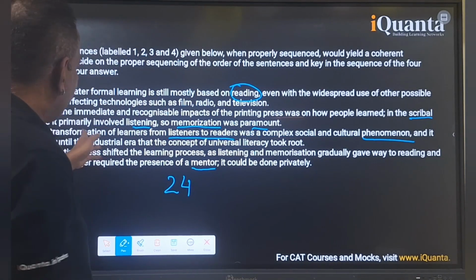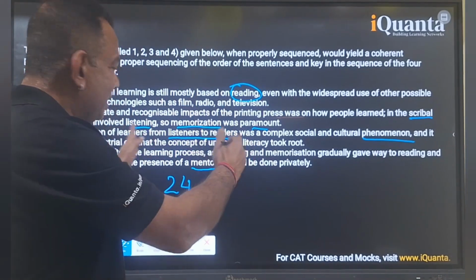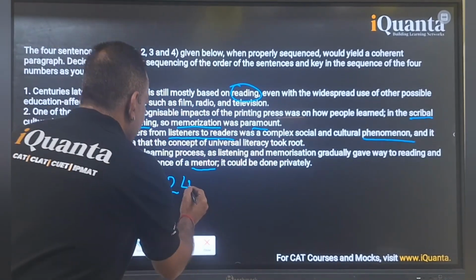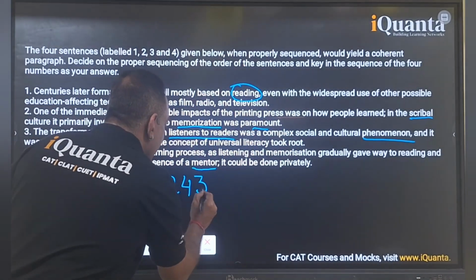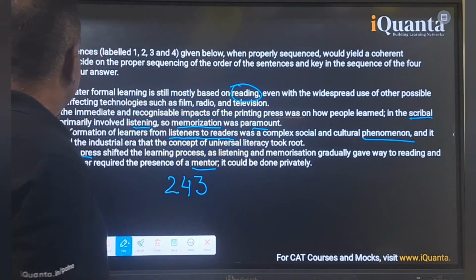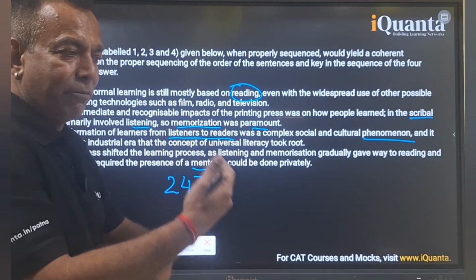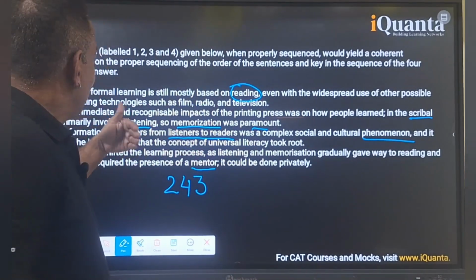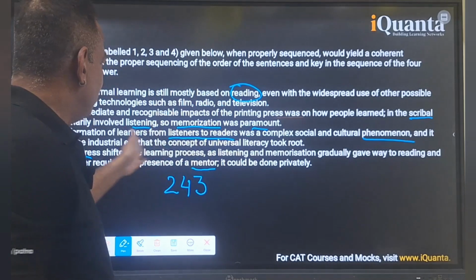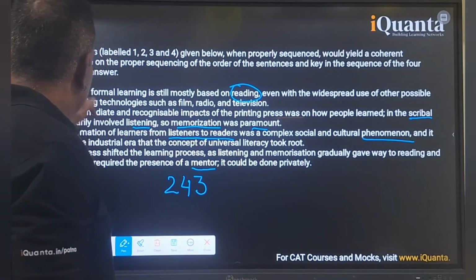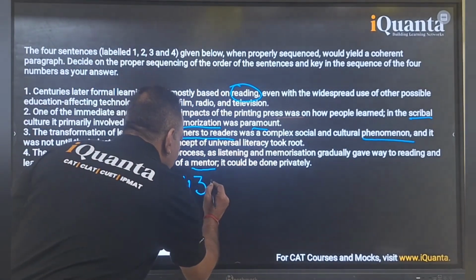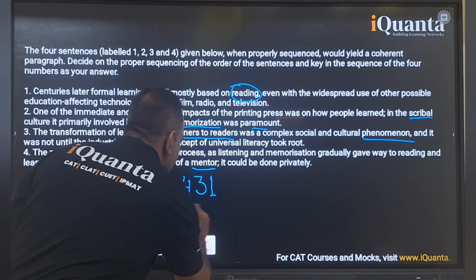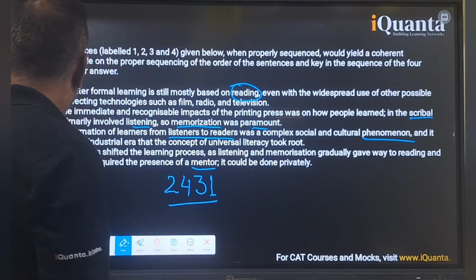Then we are talking about the transformation from listener to reader. That will be number 3. And then last one, centuries later. So if we look at the timeline, centuries later, obviously they are talking about a time much later than this one. So centuries later, that will be the 4th sentence. So this will be your answer.